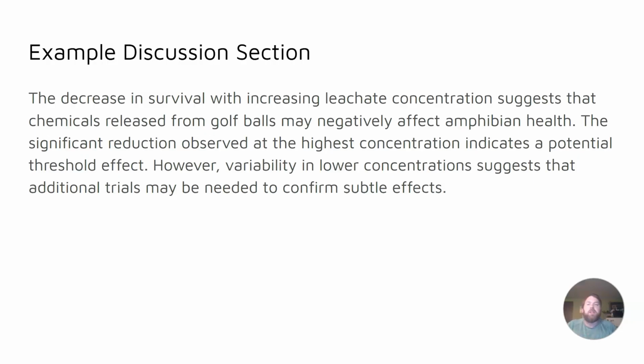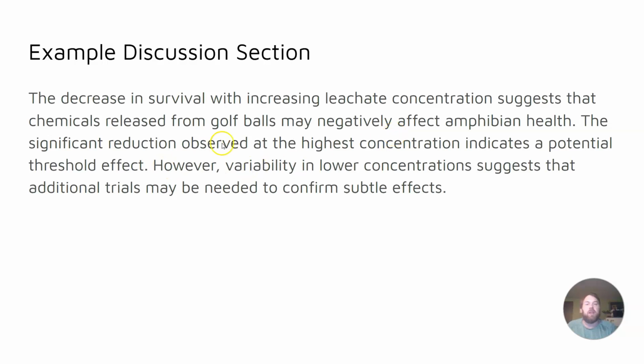The significant reduction observed at the highest concentration indicates a potential threshold effect. However, variability in lower concentrations suggests that additional trials may be needed to confirm subtle effects. Notice that my limitation is pretty much right at the end there.